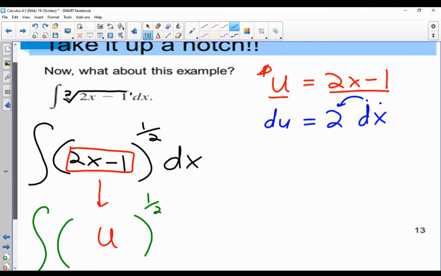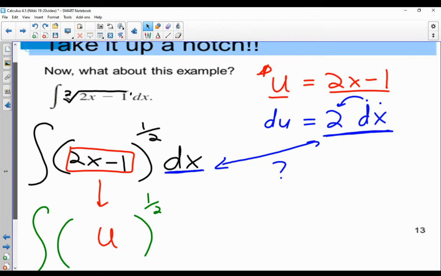But now, wait a minute. Here I have dx. But my blue sentence over here has a 2 dx. Not just dx, a 2 dx. So these two parts don't quite match.